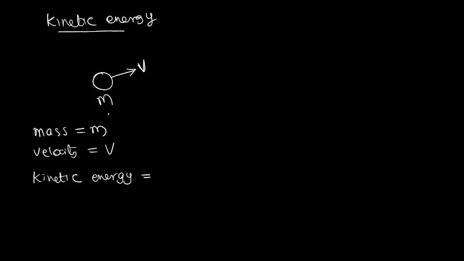If the body has mass m and velocity v, the kinetic energy, denoted by capital K, is defined as half m v square. Remember, the derivation of this formula is not there, but we develop it for explaining the work energy theorem that I will discuss later.